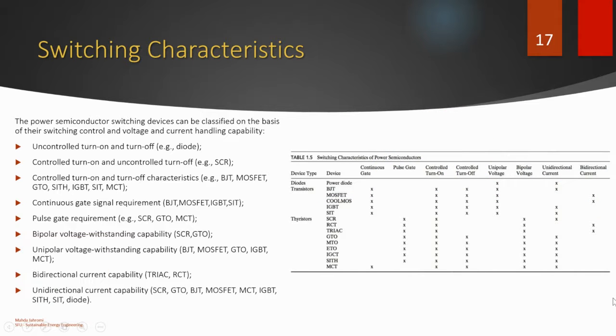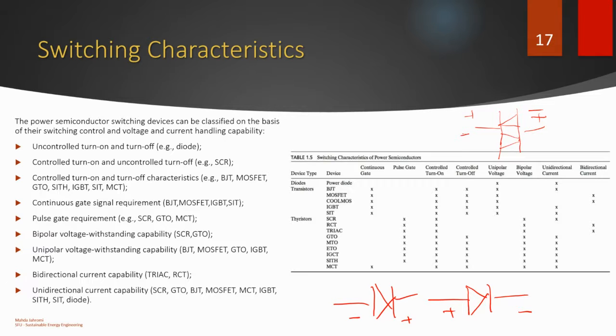Imran asks: could you please explain the meaning of unipolar voltage and bipolar voltage? So let's take a diode. It only turns on when you have positive, negative like that, right? It does not turn on if it's the other way around. But a triac, you could turn it on either way because you have two of them back to back, right?